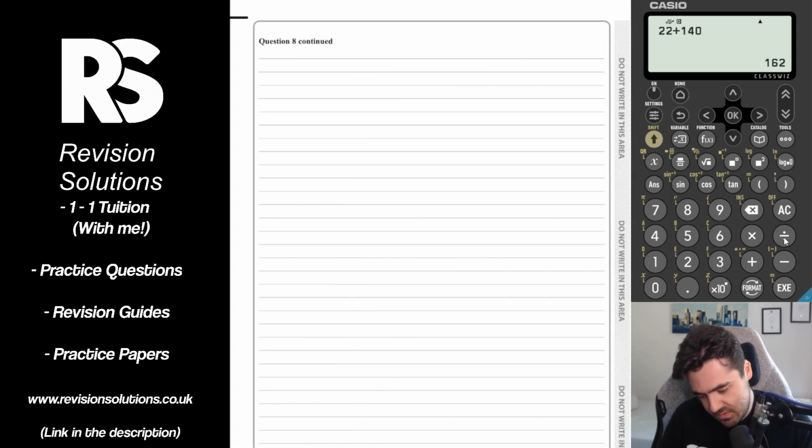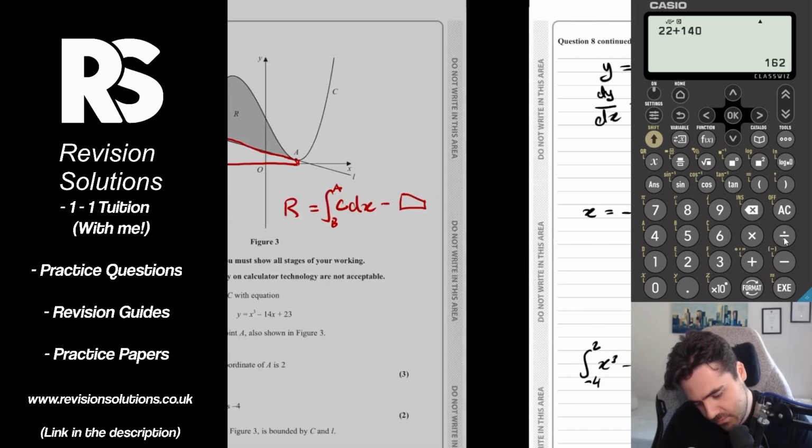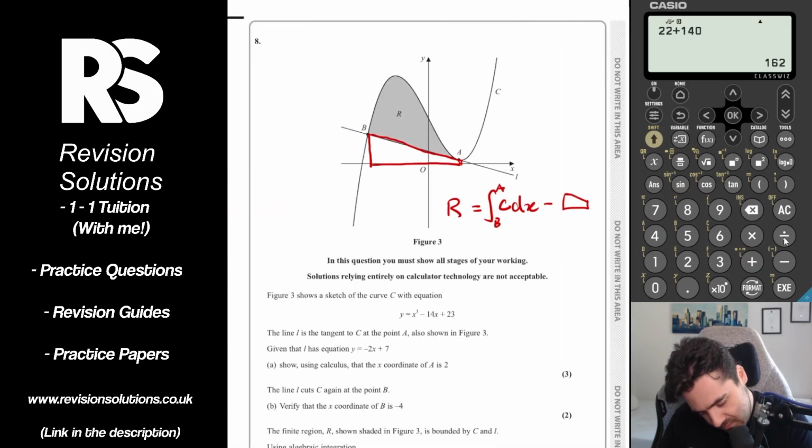And then using our trapezium, the area for trapezium, we used this earlier, was a half a plus b times h. So that's half the sum of the parallel sides. Well, our parallel sides, we worked out one of them. One was 15. That was the y-coordinate of b. Then the other y-coordinate is for a. We don't know that at the moment. We could quickly work it out, though, because the x-coordinate is 2.